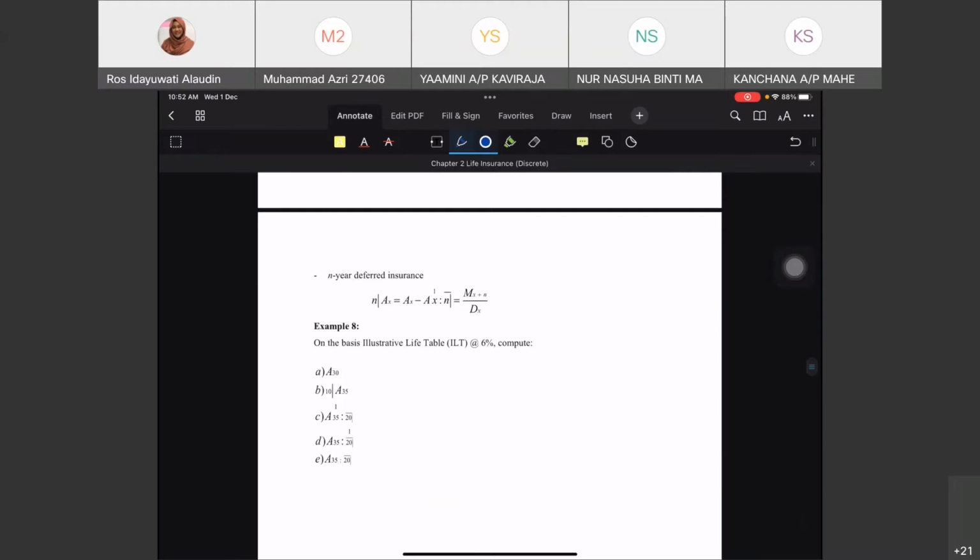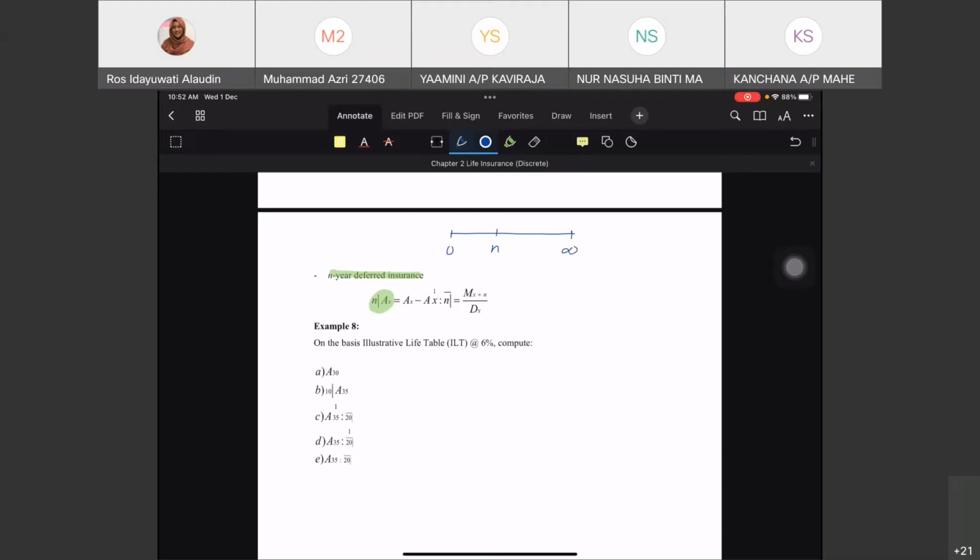Okay, so commutation function is just a very simple one. And then the last one is n-year deferred insurance. For the whole life case, we write like this, same as the continuous, but we don't have the bar on top of A. For the deferred, we start from n to infinity, because this is for the whole life.